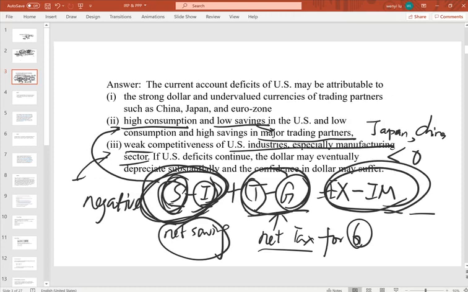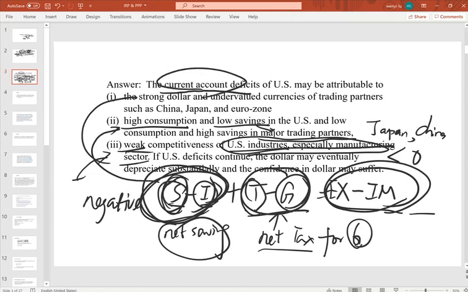That causes our industries, especially manufacturing, to be relatively weaker compared with foreign countries. Those are the three reasons why the U.S. continues to incur a trade deficit or current account deficit.